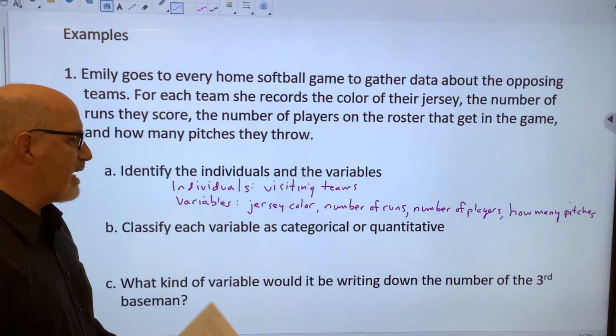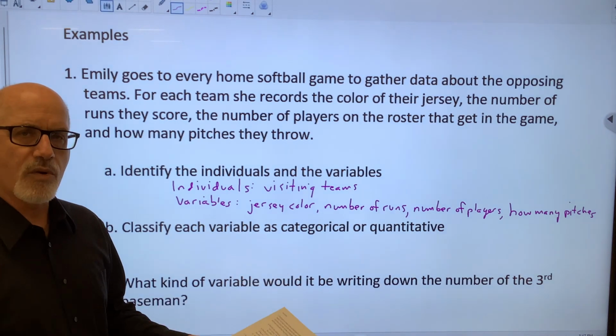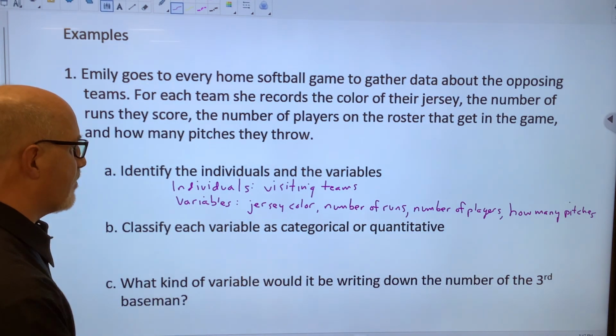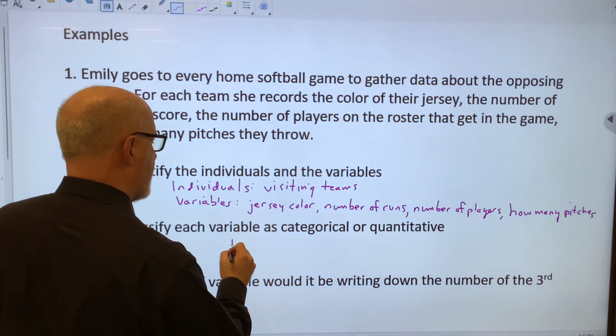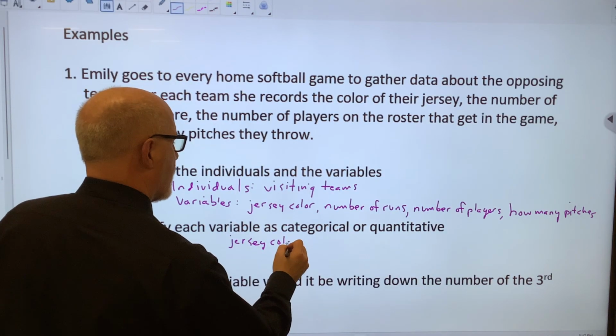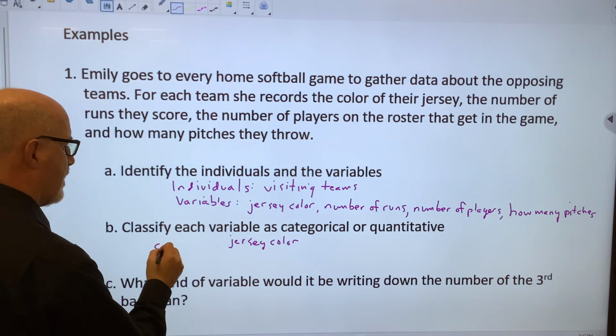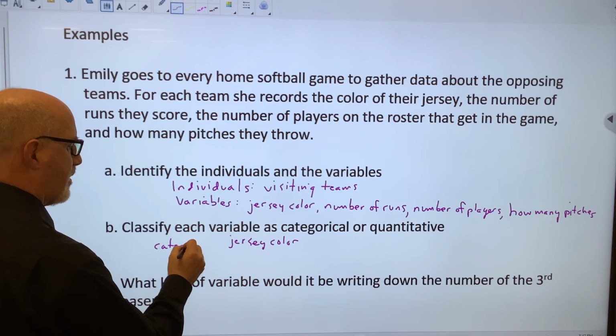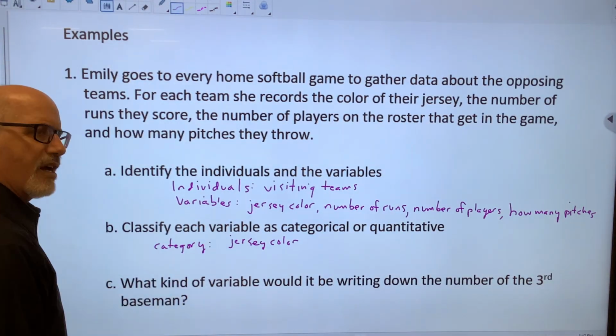All right, so we're going to classify each variable as categorical or quantitative. Well, looking at these, jersey color is not a number, it's a category. So I'm going to put down category, that's jersey color.